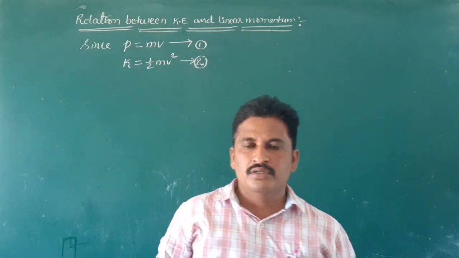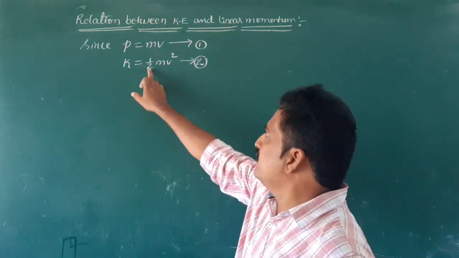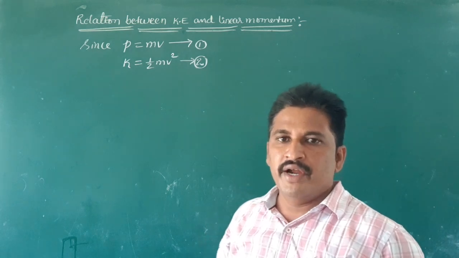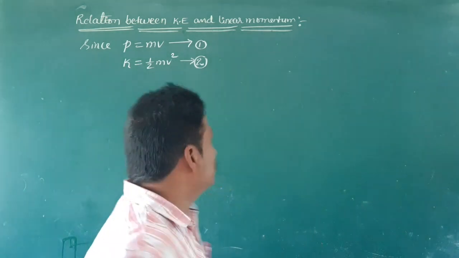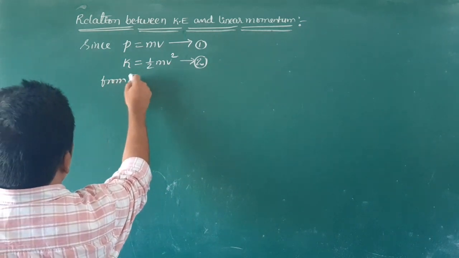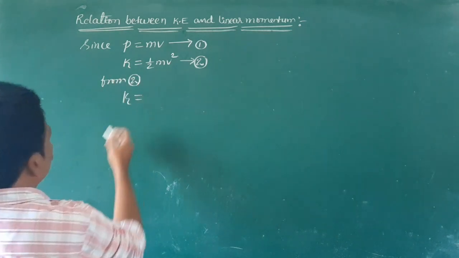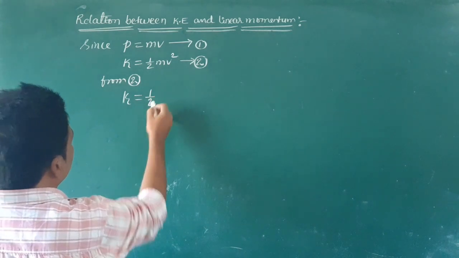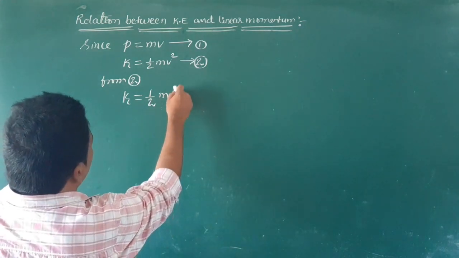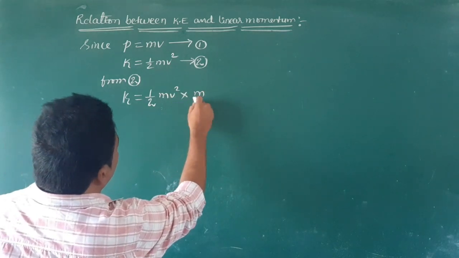Here students, let us modify equation number 2 by multiplying and dividing with mass. From equation 2, K is equal to half into mv square into m by m.